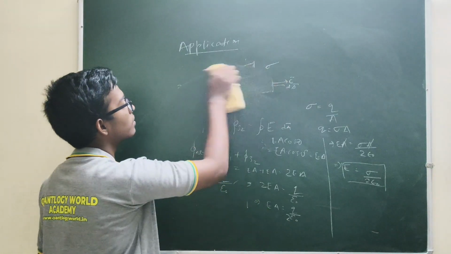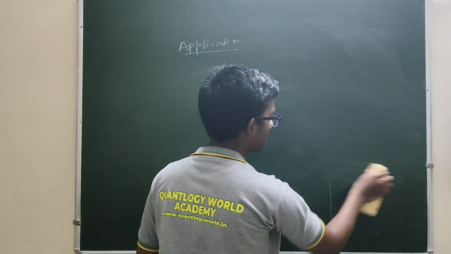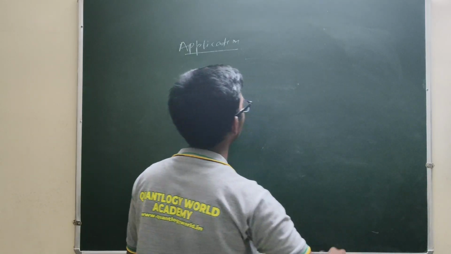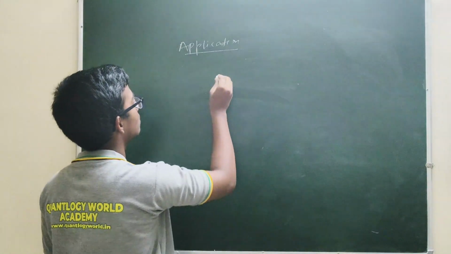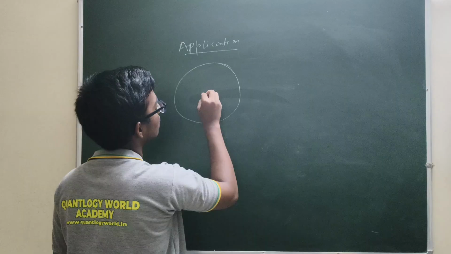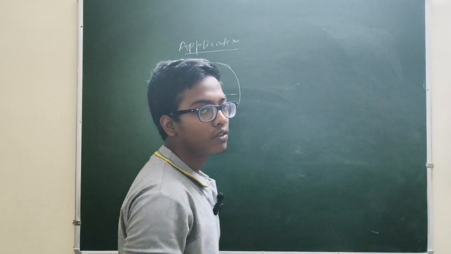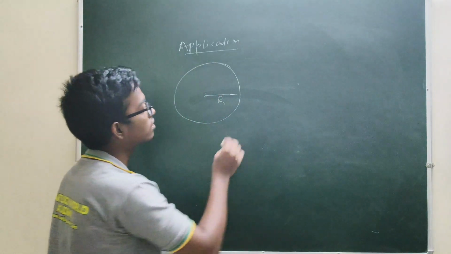Now its third application would be electric field due to a spherical shell having radius R. Suppose you consider a spherical shell of radius R, then to find its electric field it would have three cases.